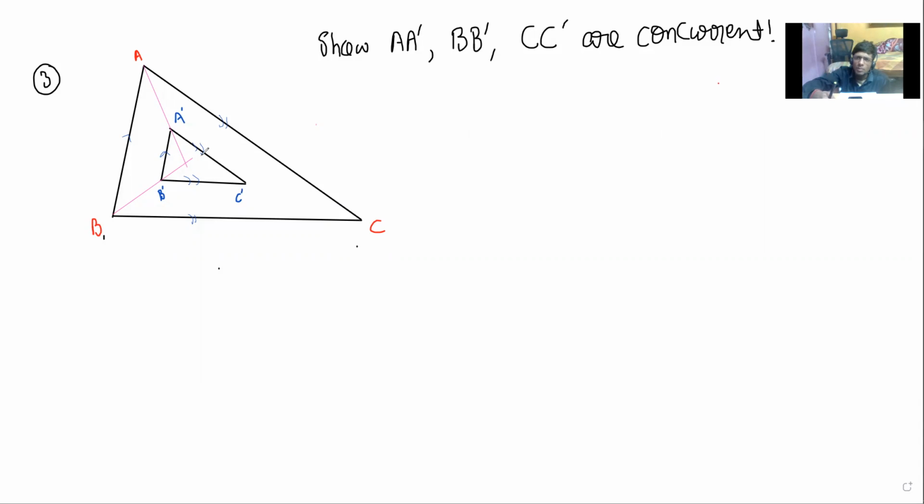Usually when I ask you to find the area, or prove that the area is this, in the end you're basically finding something, some area, some ratio. So you do some steps and then you find something, which makes it fine. But if I ask you to prove this is concurrent, you're not really going to get anything in the end, no object or number or anything. That's why it's a strange statement. Such statements have to be done by contradiction.